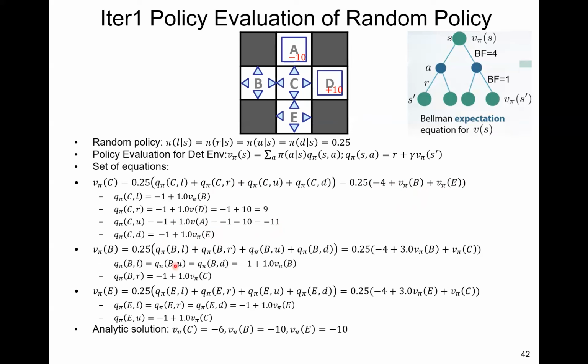So for B, if you go left, up, or down, you stay in the same state B. So you have the value is -1 plus V pi B. If you go right, you move into C. So you get the value of -1 plus V pi C. Similarly for E. So now you have 3 equations for V pi C, V pi B, and V pi E, and 3 unknowns.